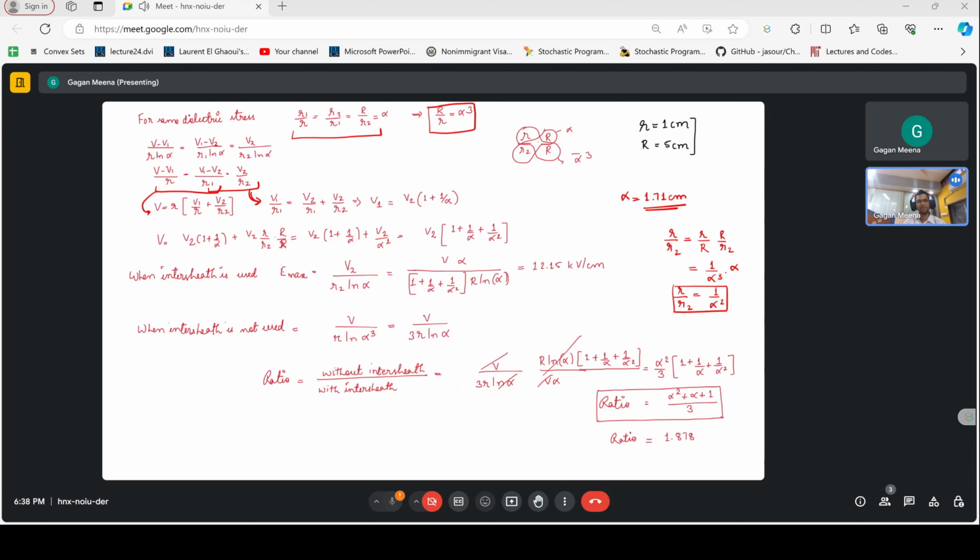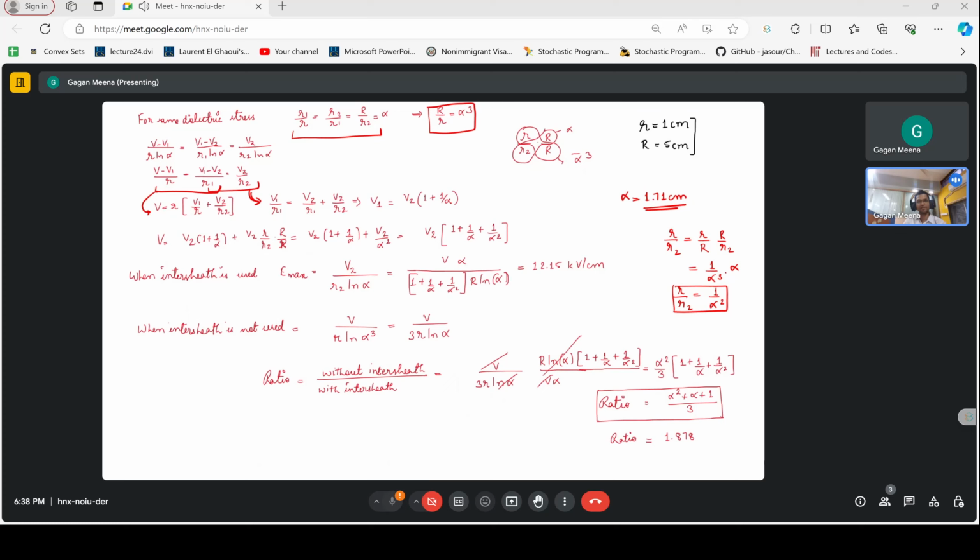Now we are going to divide this by this. V by 3 ln alpha, divided by this. V cancels out, ln alpha cancels out, and capital R by small r is alpha cube, so alpha cube by 3 into this. So the ratio comes out to be (alpha square plus alpha plus 1) by 3.